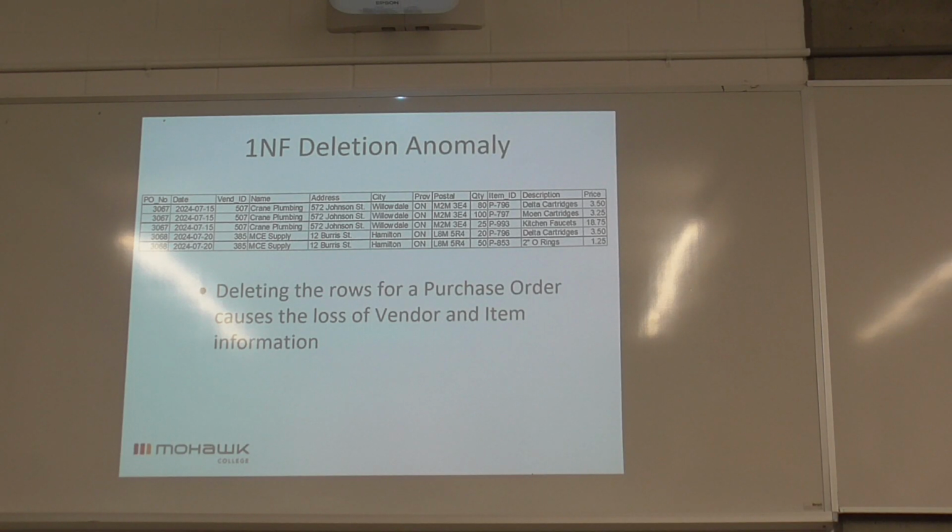And the deletion anomaly. Deleting the row for a purchase order may cause the loss of vendor and item information. If you delete an order, unless there's another copy of the vendor and the product in the database, the information can just be lost.